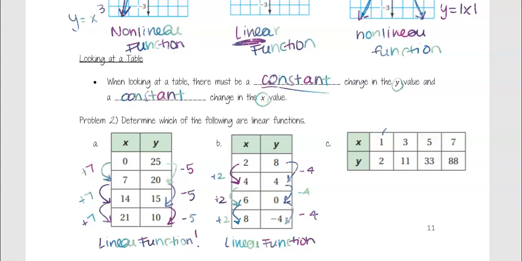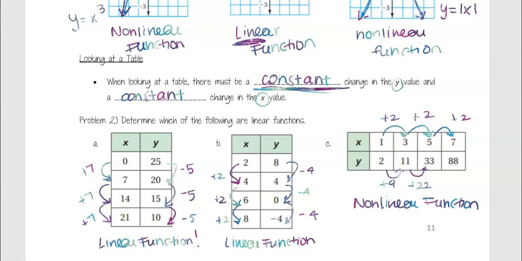Okay, 1 to 3, plus 2. 3 to 5, I also plus 2. 5 to 7, plus 2. You think you're good, right? I mean, we still have to check our y values. 2 to 11, I add 9. 11 to 33, I add 22. Right away, I know this is a non-linear function. That constant isn't there, right?